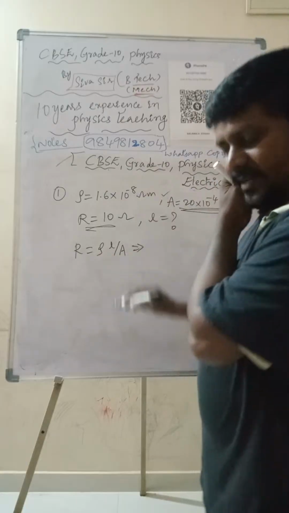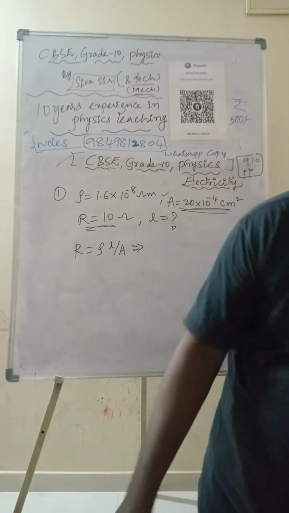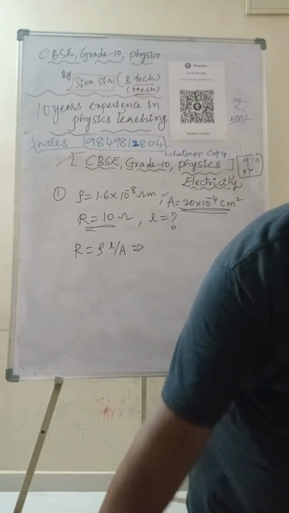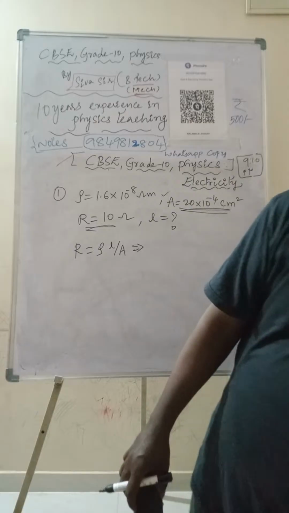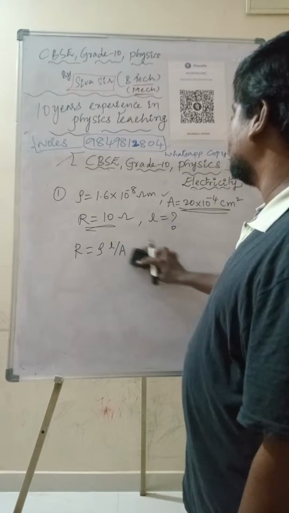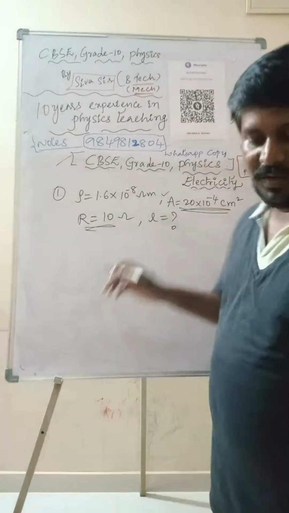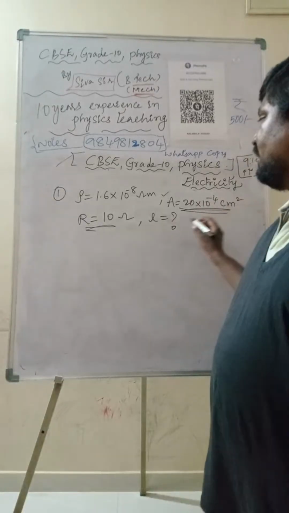Resistivity is given, but here we need to understand one thing. Here, 20 into 10 power minus 4 centimeters is given.